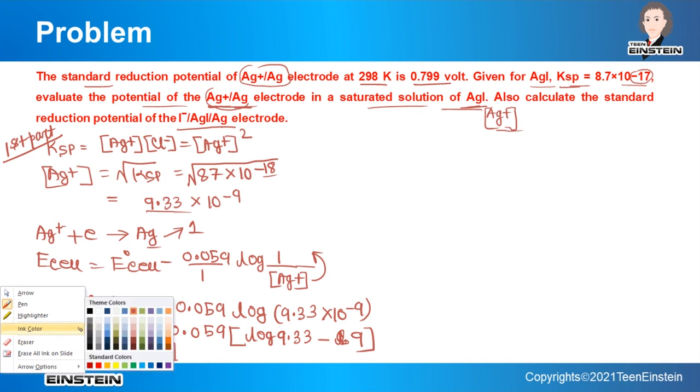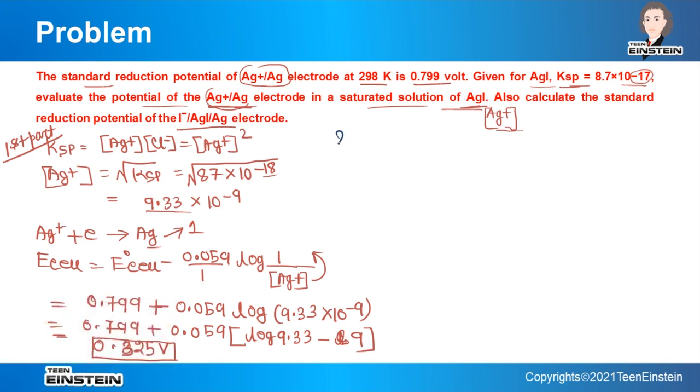Now we will do the second part. For the second part, first of all we have to write the combined equation. One equation we have already written here. Let me write it again: Ag+ + electron gives Ag.